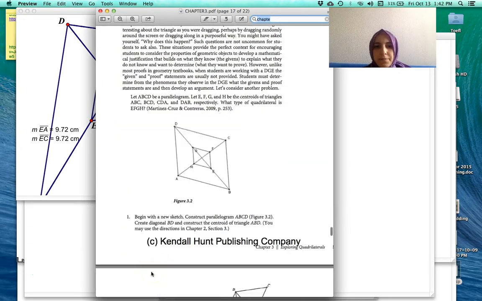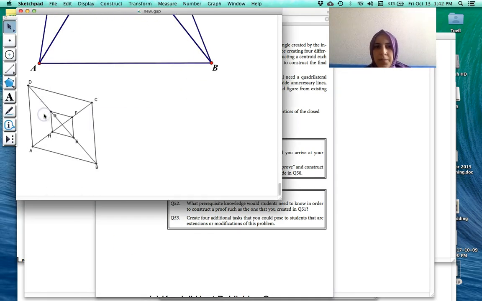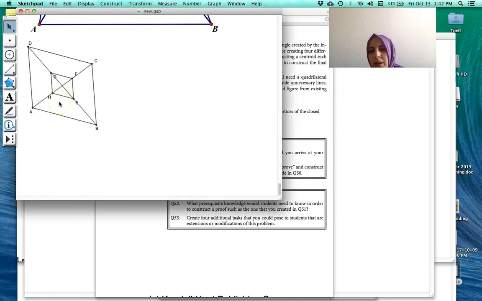Question 15. What type of quadrilateral is EFGH? How did you arrive at your conclusion? This is my answer. I think ABCD is a parallelogram and E, F, G, and H are the centroids of triangles ABC, BCD, CDA, and DAB respectively.